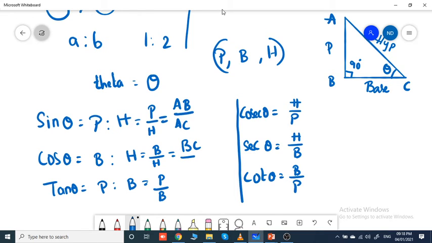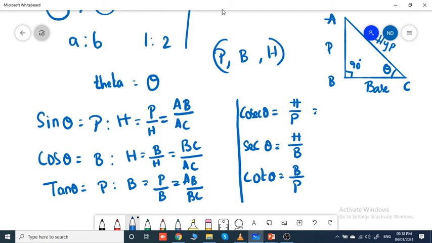BC divided by H, which is AC, the hypotenuse. Next again P. P means AB. By B means BC.